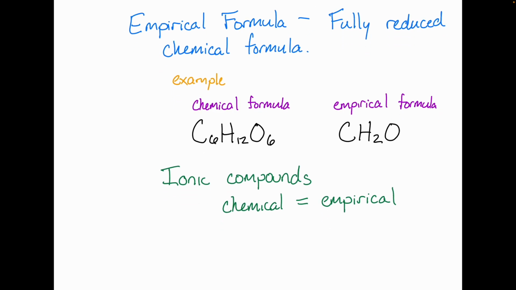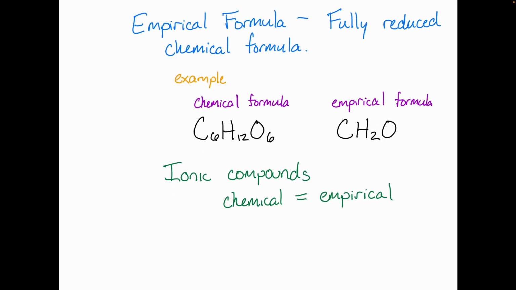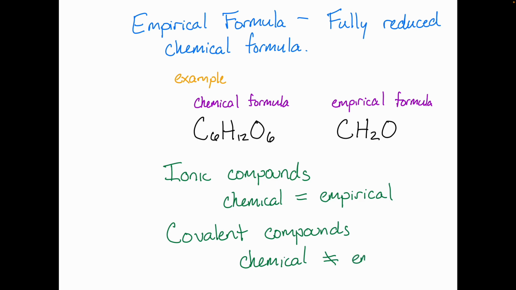But as we just saw, for our covalent compounds, that's not necessarily the case. All right, their chemical formula does not have to equal their empirical formula. Because for covalent compounds, we said those subscripts could be any number. There wasn't any rule like there was for our ionic compounds.